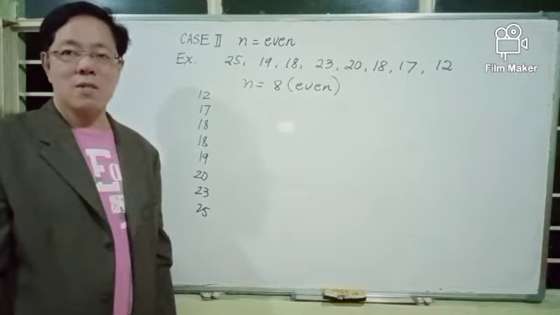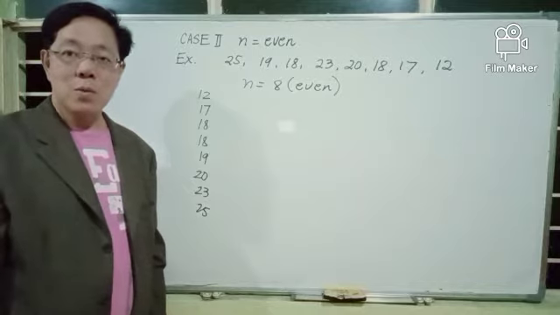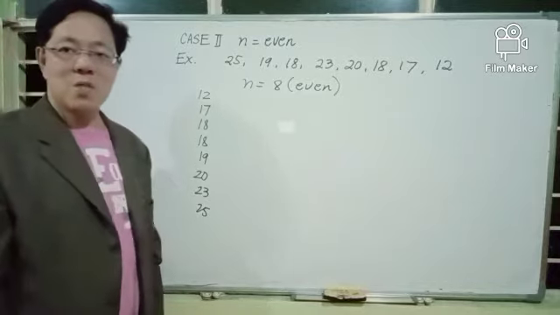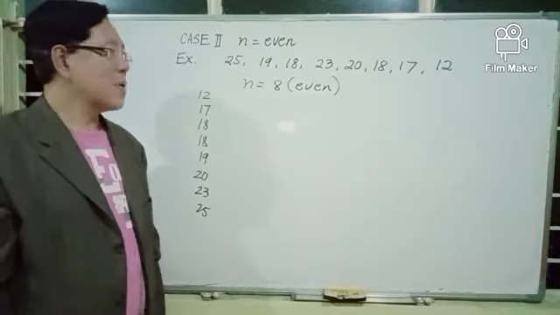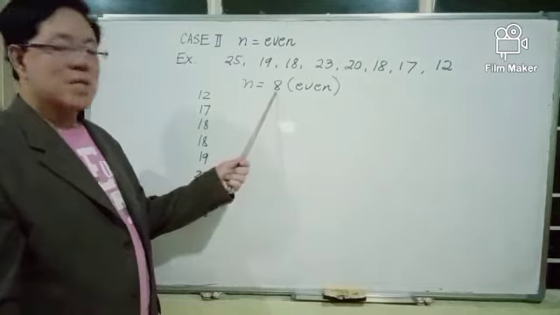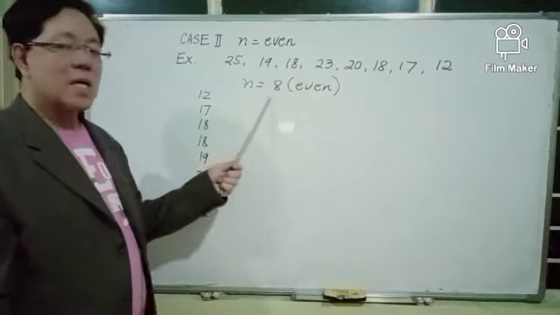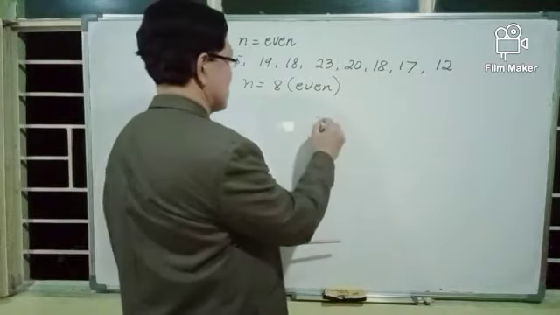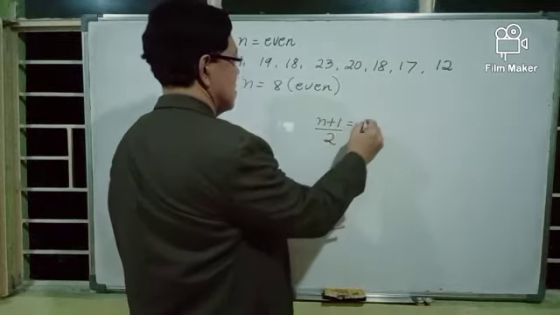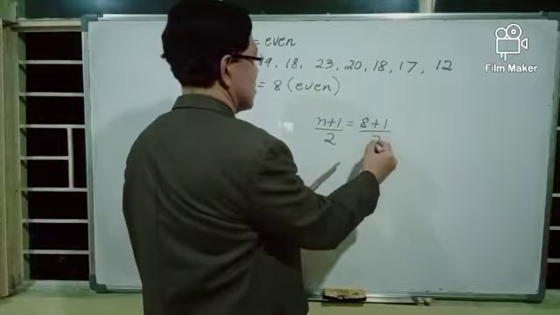But to find the two values at the center of the distribution of data easily, we divide n plus 1 by 2. Our n is 8. Plus 1 divide by 2.